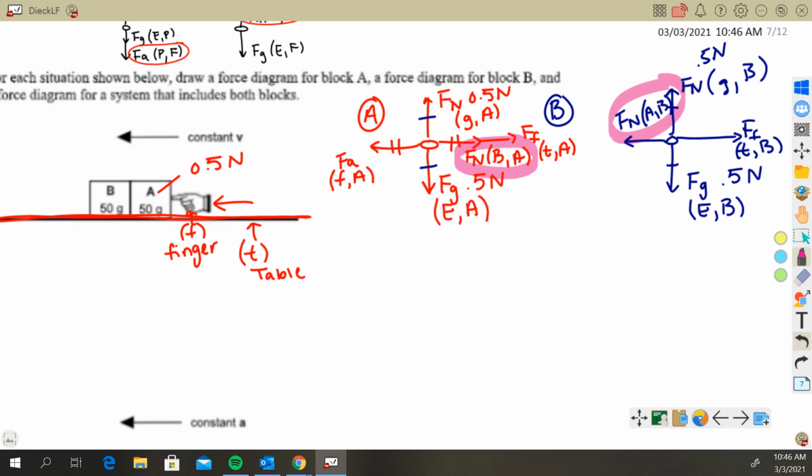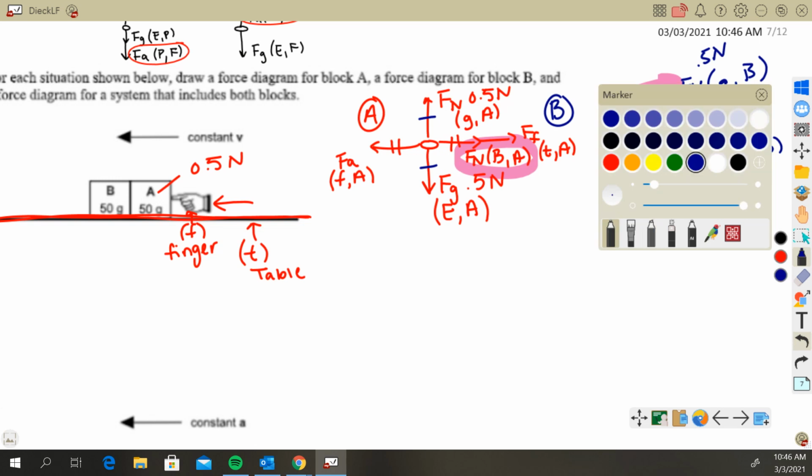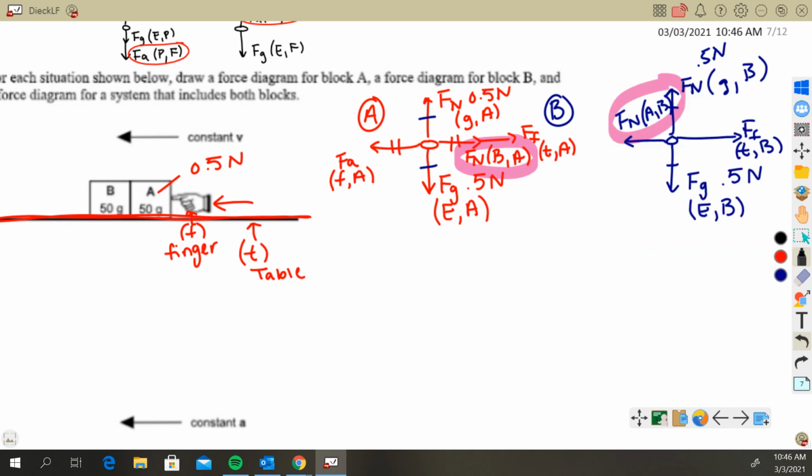All right. We also have to look at the system. I know this is kind of a hard one, so it's okay. This is one we haven't really looked at yet. So, system. As a system, we have block A and block B together. They're going to have a force of gravity downwards of 1 newton. They're going to also have a force of normal upwards of 1 newton.